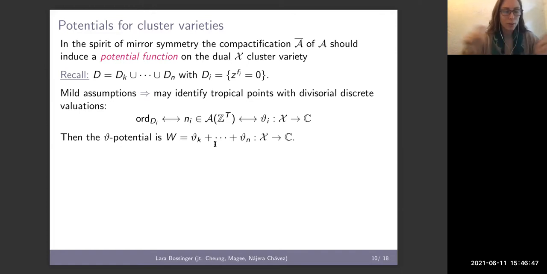So we can swap the order, and this does not change anything. So we can take the order of vanishing along the divisor defined by one function and evaluate in the other function, or we can do it the other way around.